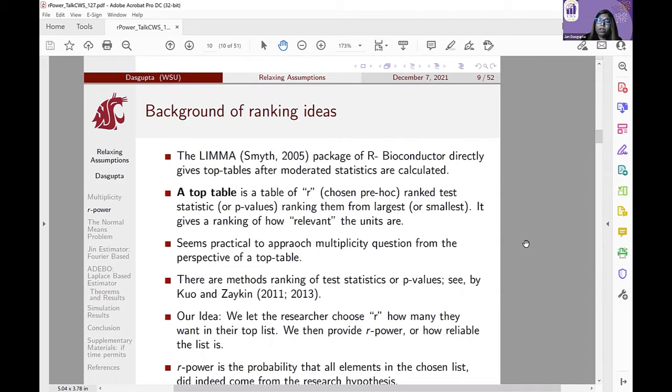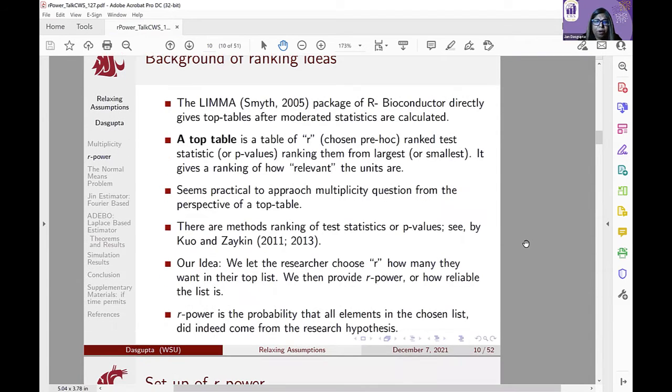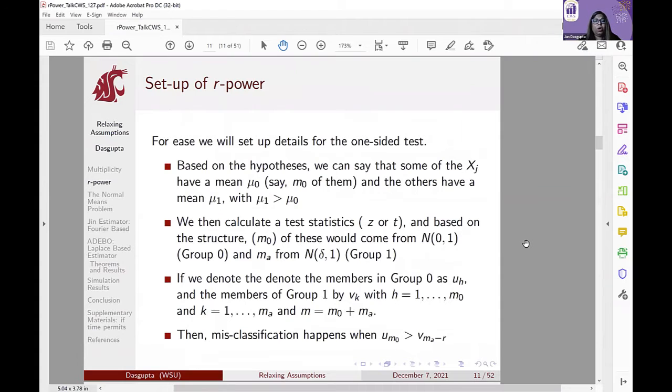Okay. So essentially, R power is the probability that all the elements of my chosen list did indeed come from the research hypothesis. Okay. So essentially, let's kind of set it up. So let's say, just like we have 1,000 hypotheses, out of which 900 of them are coming from the null, no change, no effect. 100 of them, let's say, came from the alternative.